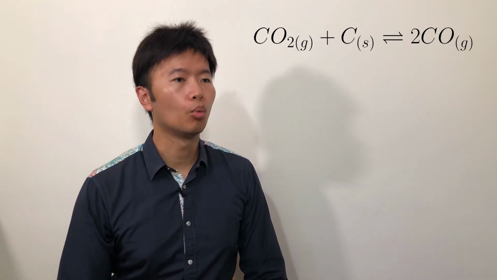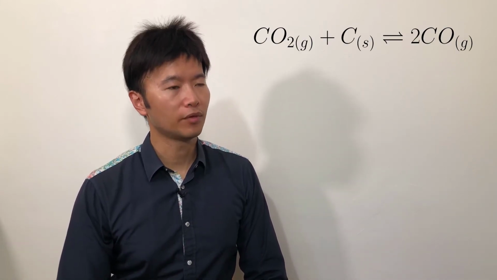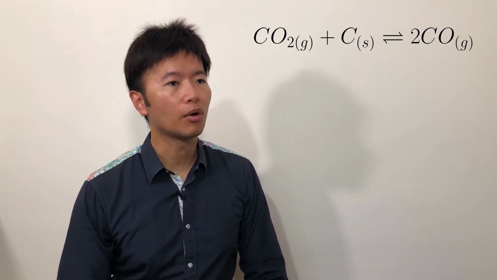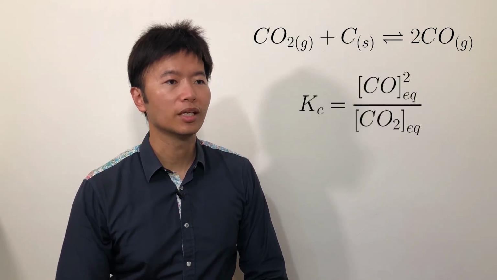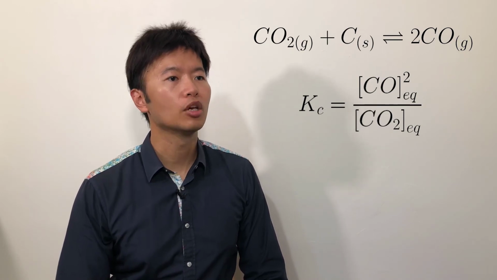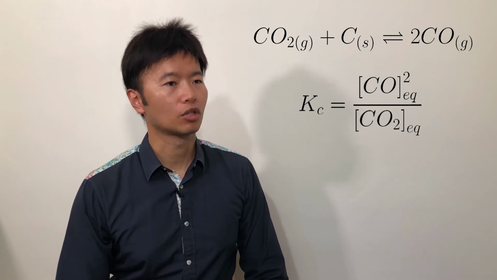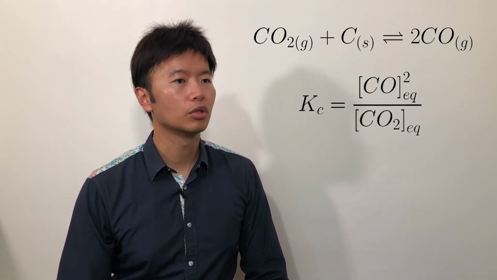So, using the example you gave me, one carbon dioxide gas molecule reacts with carbon solid to produce 2 carbon monoxide molecules. The law of mass action is going to be the concentration of carbon monoxide raised to the second power divided by the concentration of carbon dioxide raised to the first power.